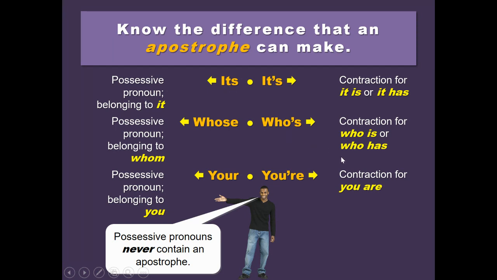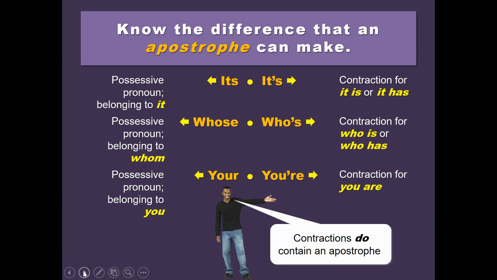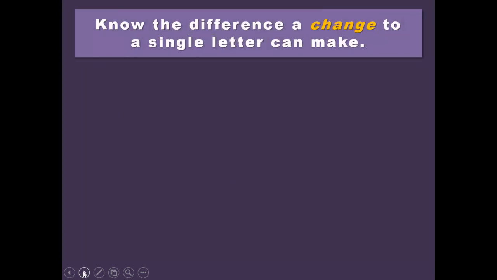Who's stands for who is or who has. If that doesn't make sense, you spell it out, WHOSE. And then finally, you're is what your, the contraction, stands for: you are. If that doesn't make sense, you just use it without. Okay? Contractions do contain an apostrophe, and oftentimes some of you in your writing forget the apostrophe.